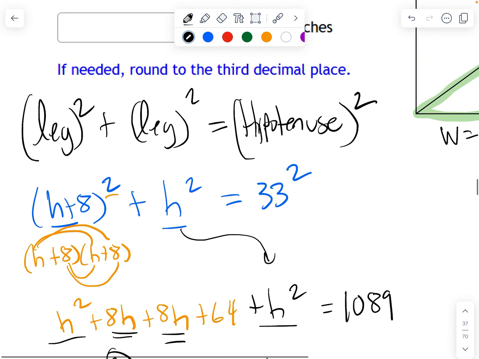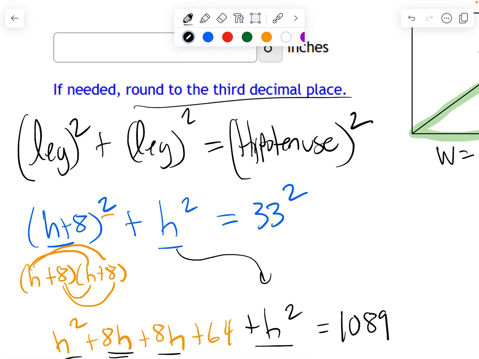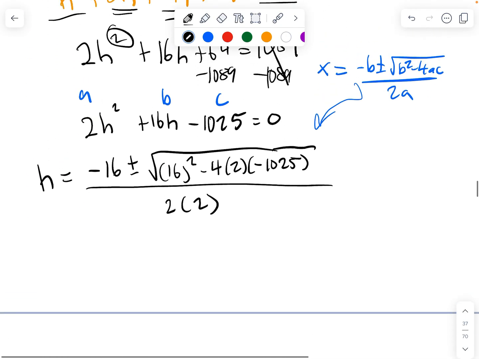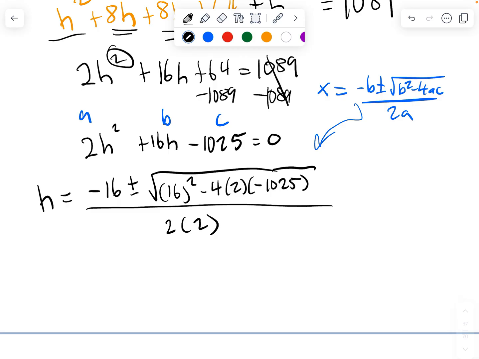Now our answer here says to round to the third decimal place, so I don't need to do any fancy simplifying. All I really need to do here is just put this in my calculator. I'm going to evaluate a few pieces just so I have less to screw up if I type it in all at once. So negative 16 plus or minus, I can tell it's going to be over 4, 2 times 2. And then the square root of 16 squared minus 4 times 2 times negative 1,025, and we get 8,456.